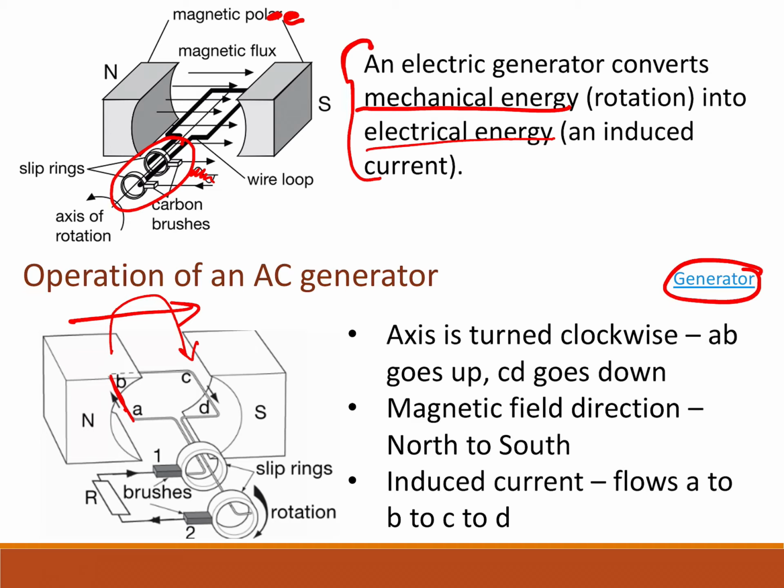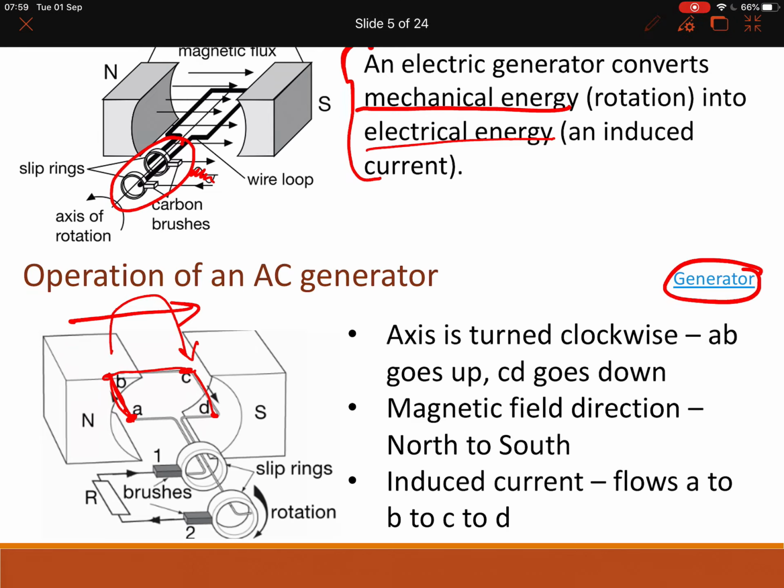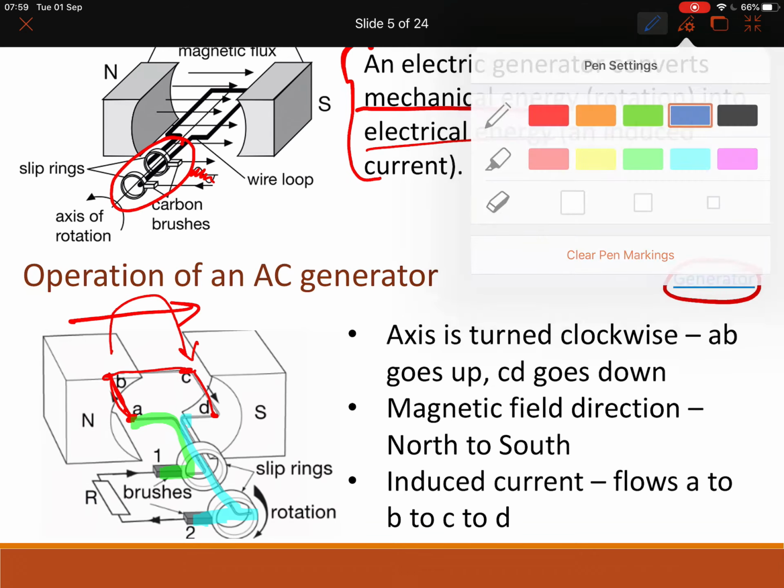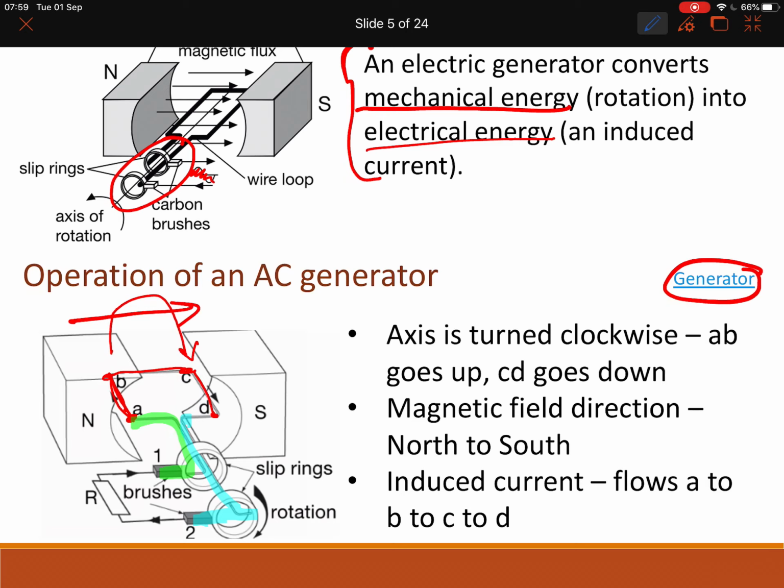So the current goes from A to B to C to D and then comes out. So if you look at this, I just want to change color here for you. A is connected to brush A1. D is connected to this part. Okay, so now my current in the external circuit is going to come out that way and go in there.